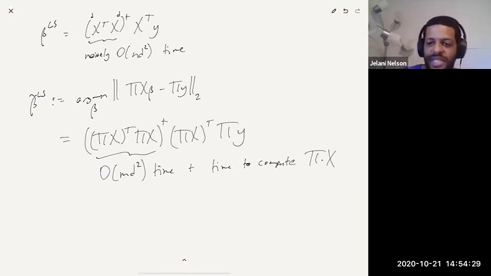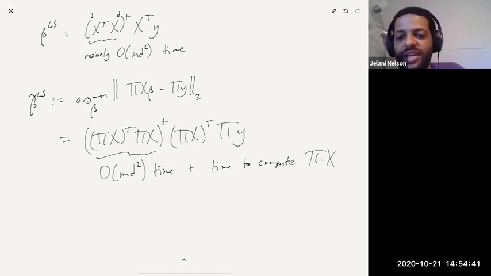So we want m to be small. We're going to end up getting m to be roughly d, or d over epsilon squared or something, but we want m to be much smaller than n. And we also want a pi which allows for fast matrix multiplication. So for example, pi is sparse, so we're going to use something like the count sketch or sparse JL. Or if pi has structure like fast JL based on the FFT, we can compute pi X quickly.